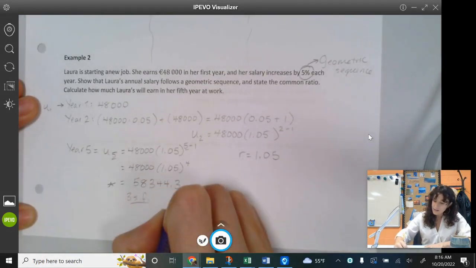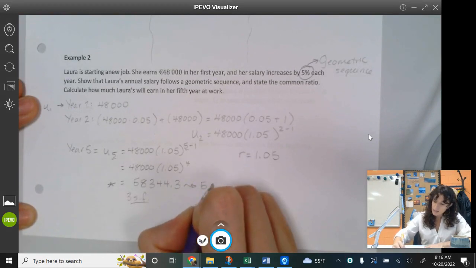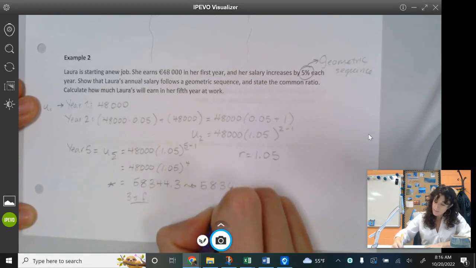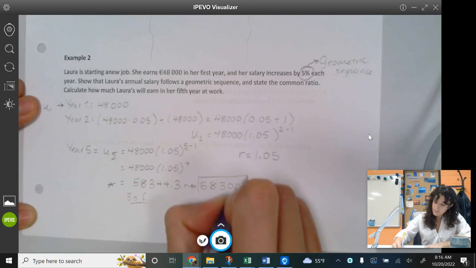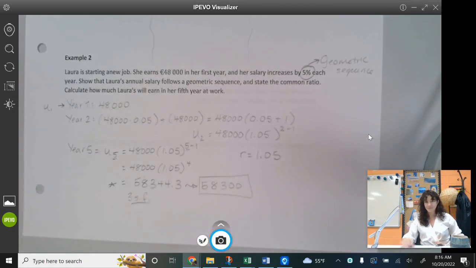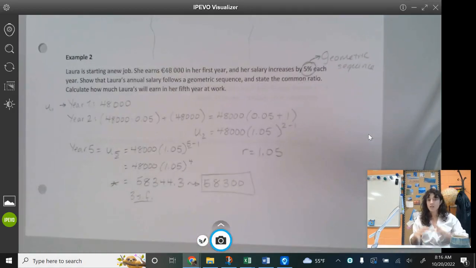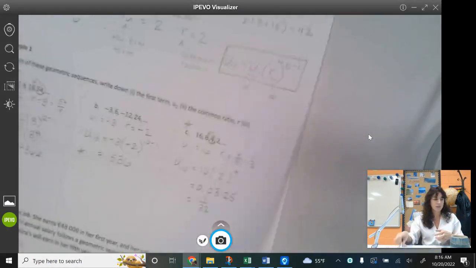We got something like this in our calculator, which 3 sig figs would become this. Okay, so an applied version of what a geometric series or sequence is.